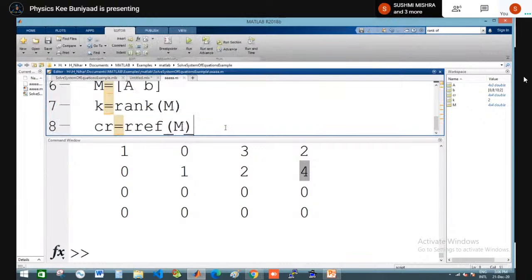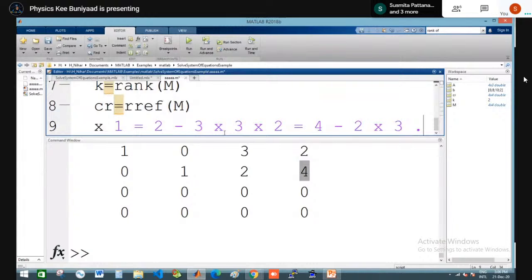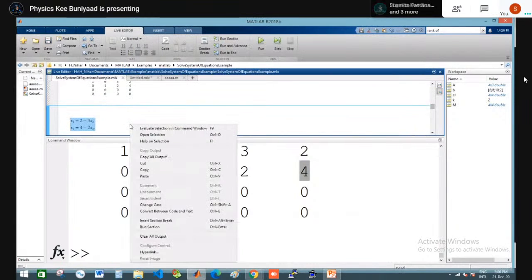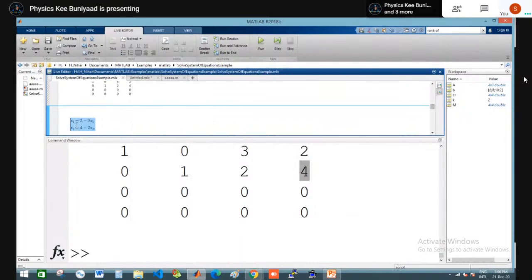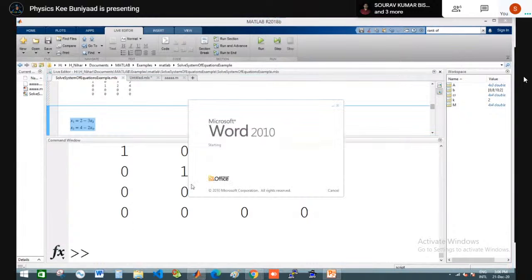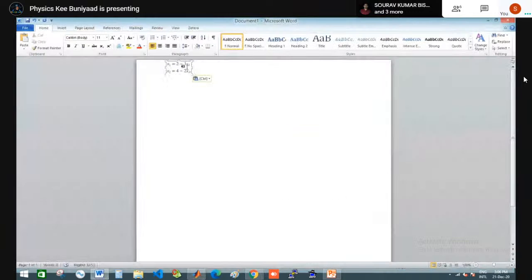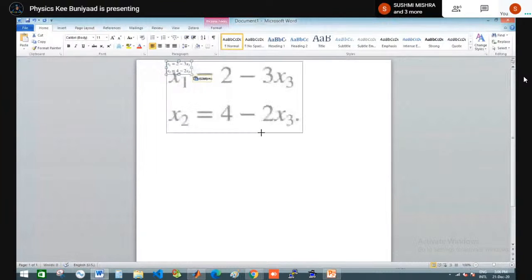No problem, I will text. Sorry. Okay, let me copy it to a Word file. Now it is visible to everyone. Yes, x1 is equal to 2 minus 3x3, x2 is equal to 4 minus 2x3.